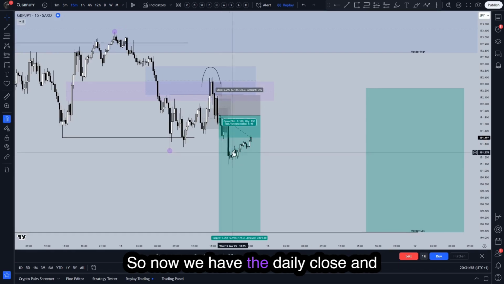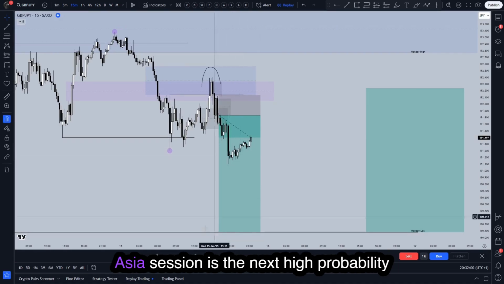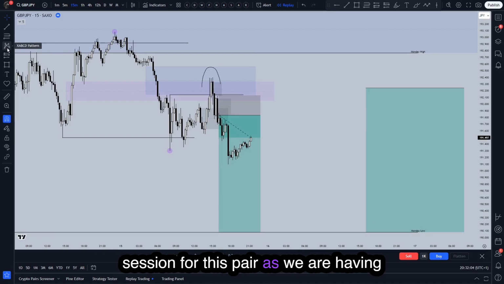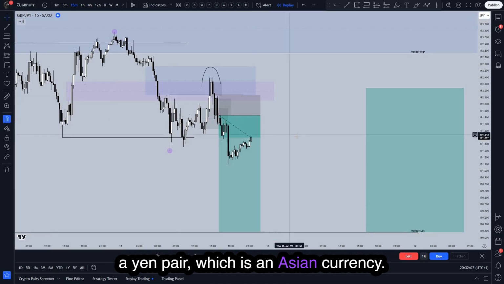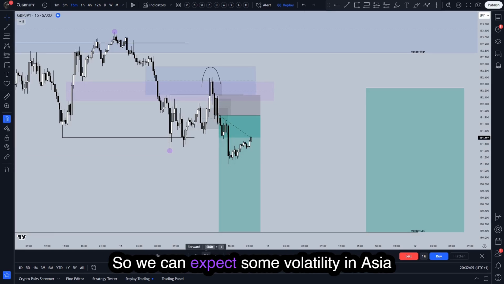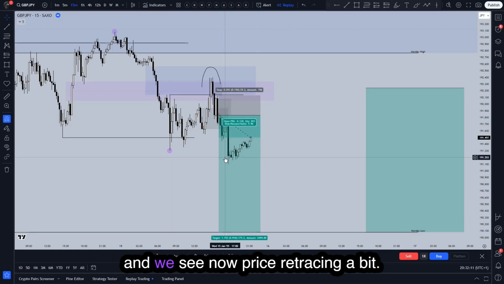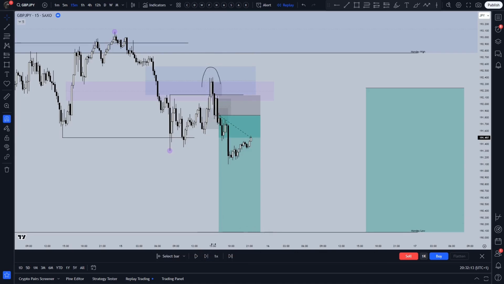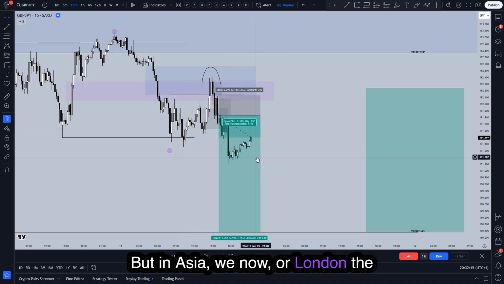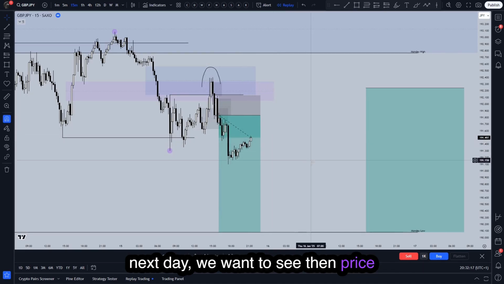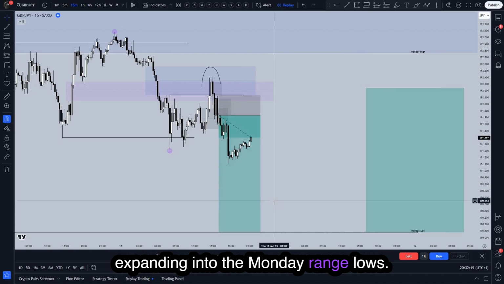So now we have the daily close, and Asia session is the next high probability session for this pair, as we are having a yen pair, which is an Asian currency. So we can expect some volatility in Asia, and we see now price retracing a bit. But in Asia or London the next day, we want to see then price expanding into the Monday range lows.